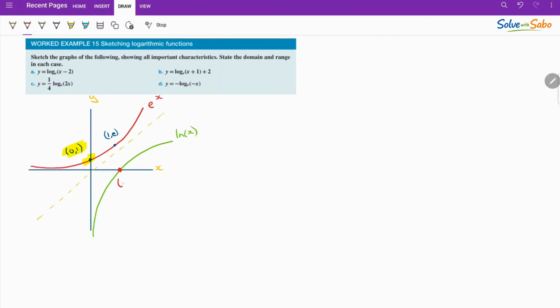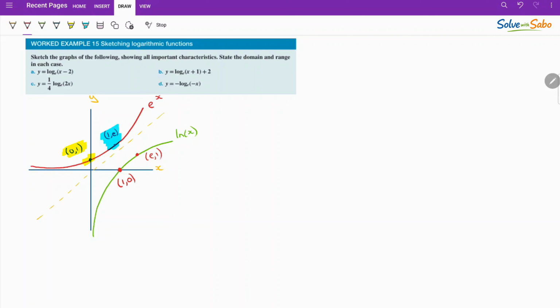That also means that instead of being at 0, 1, we're going to be at 1, 0. The same thing is going to happen for this random single point. Instead of being at 1 and e, we will be at e and 1.